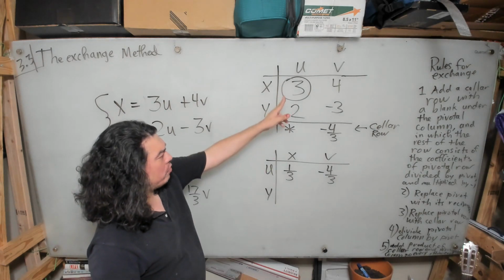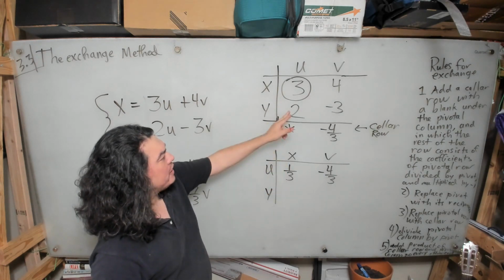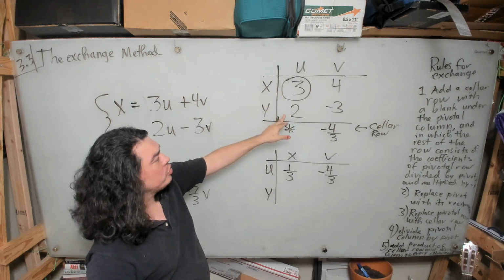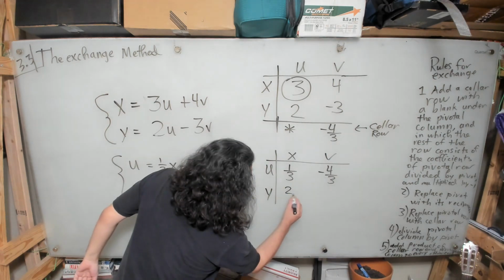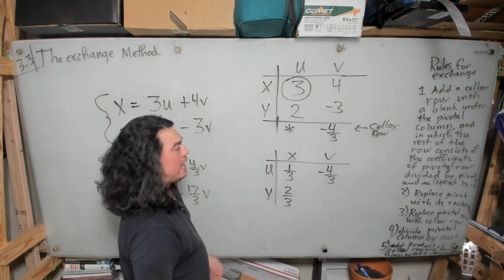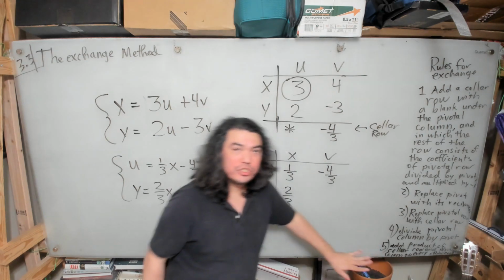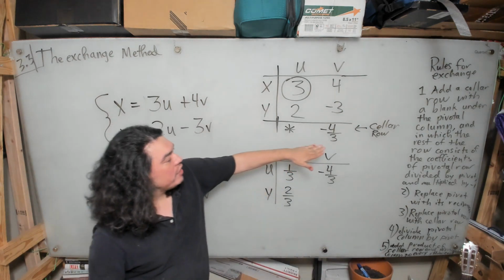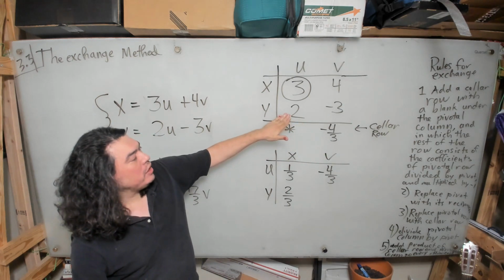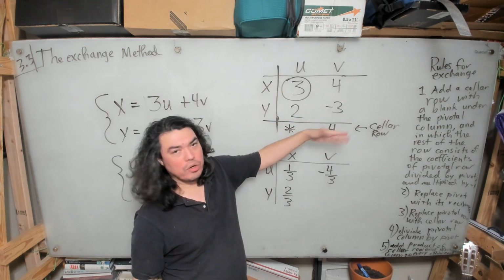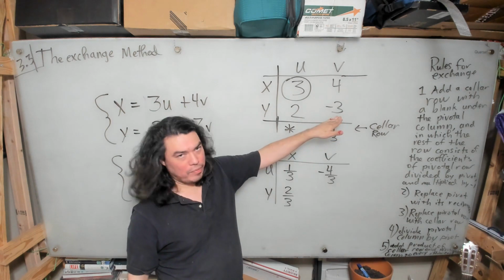Then, for the rest of the pivotal column, I'm going to replace each term with the term divided by the pivot. In this case, 2 divided by 3, 2/3. And then finally, the final rule: we're going to add the product of the cellar row with the corresponding member of the pivotal column to all the remaining coefficients. In this case, there's only one remaining coefficient.